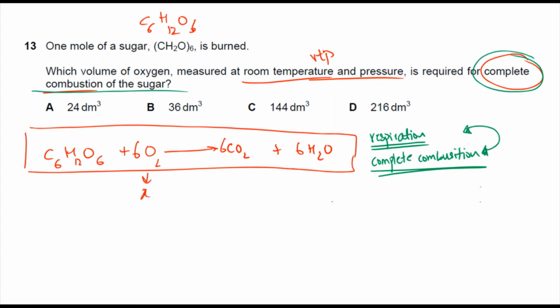Well, note how the examiner said which volume of oxygen measured at RTP is required. I hope you know ये चीज़ एवोकाडोस के लॉ के साथ हम derive करते हैं और ये काफ़ी famous है, और I'm hoping that your teacher has also told you, and that is that 1 mole of any gas at RTP has a volume of 24 dm cube.